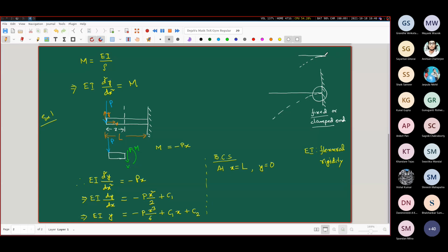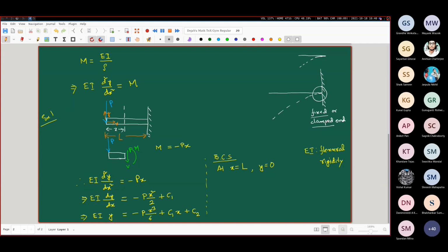In the deformed configuration also, at the location of the fixed or clamped end, this remains straight. This is the hallmark of the fixed or clamped end. You are not going to have this kind of situation if, instead, you have a simply supported end, which we are also going to take up next.